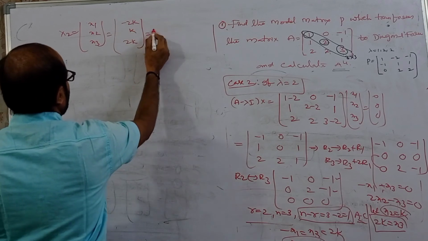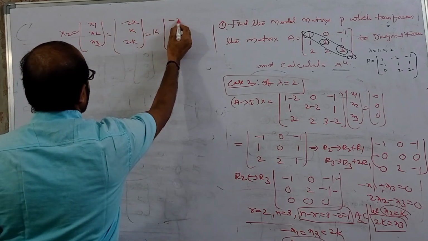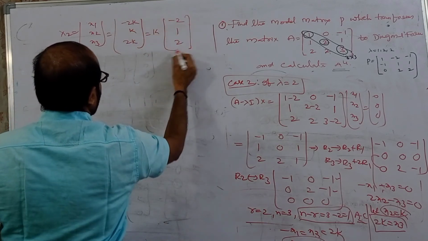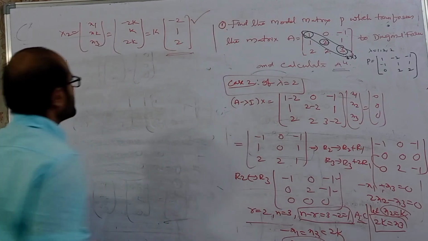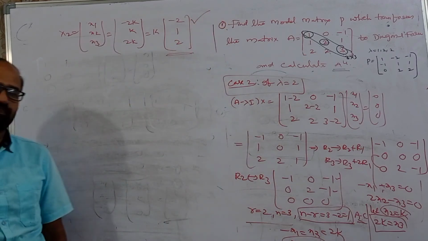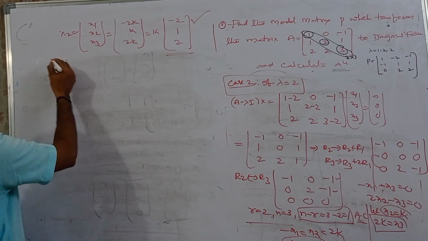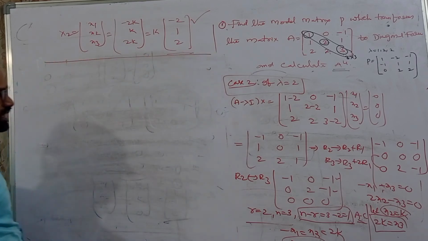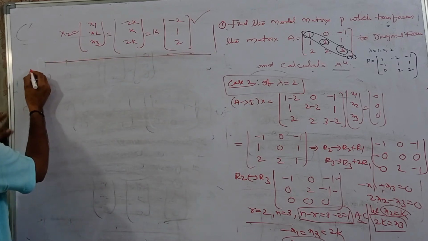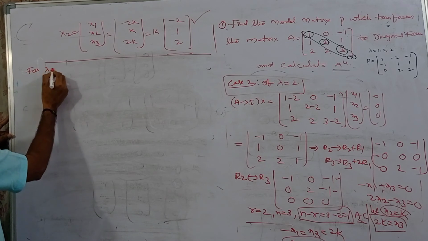So take k common from this, what you will get? Minus 2, 1, 2. So this is the second vector x2, right? Understood? x2 is finished. Now let us find eigenvector x3 for lambda equal to 3.